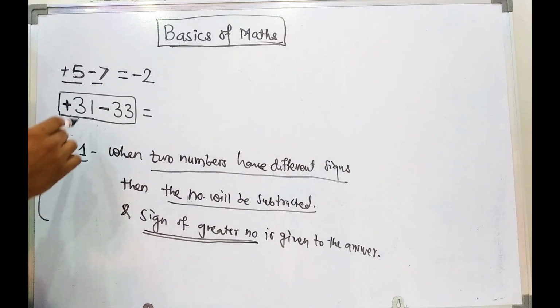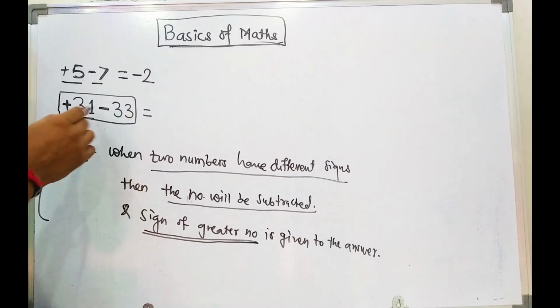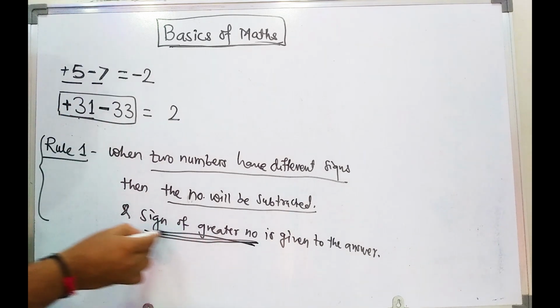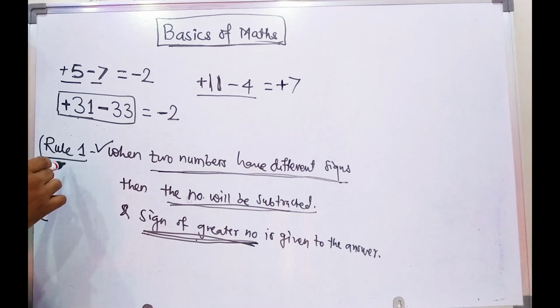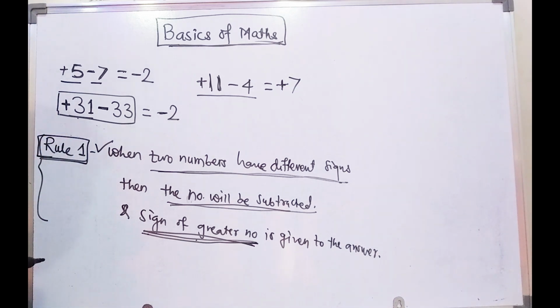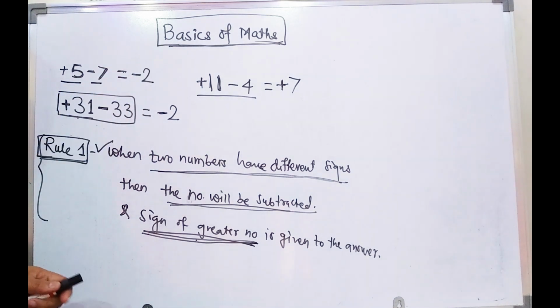So friends, there will be subtraction and the smaller number is subtracted from the greater number. 33 minus 31 is 2 and the sign of the greater number should be given to the answer. So minus 2. So this is the rule number 1 which you should remember before you start your studies for mathematics.